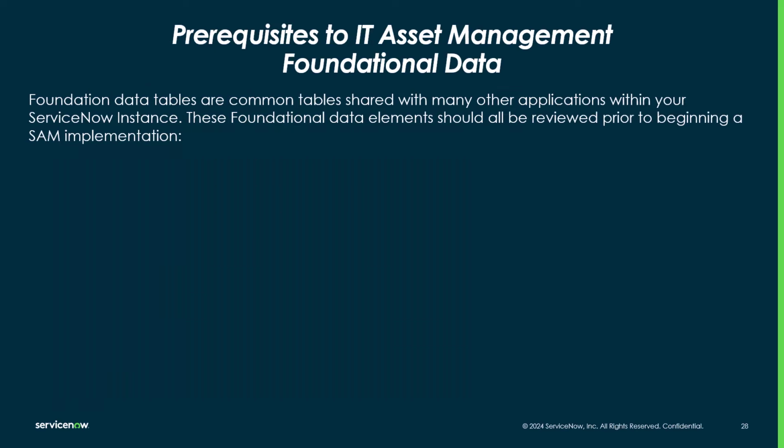And one of the things we haven't talked about, and again, this is not really to do with maturity item cards within the SAM workspace, is that you're going to want to take a look at your foundational data. This should really be a prerequisite for you.